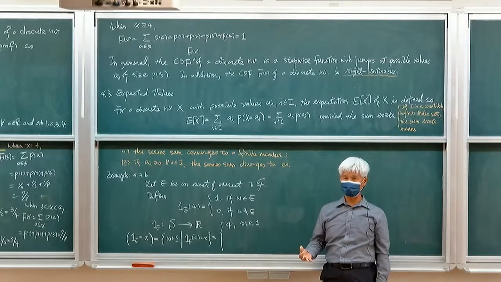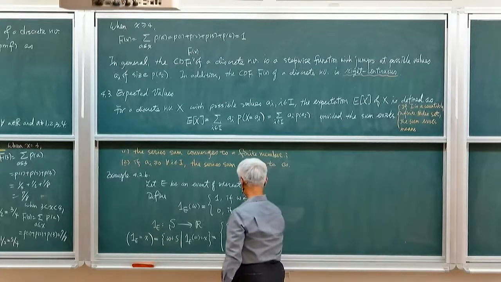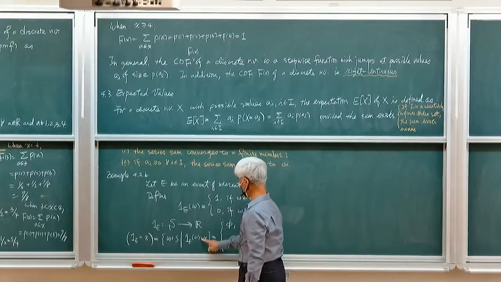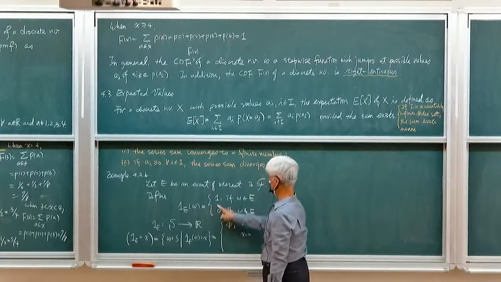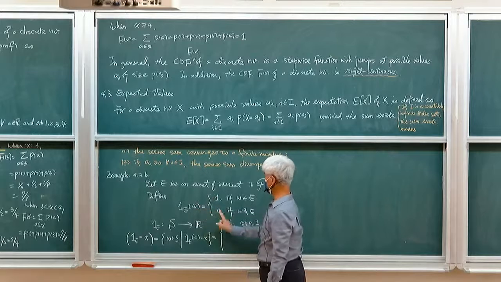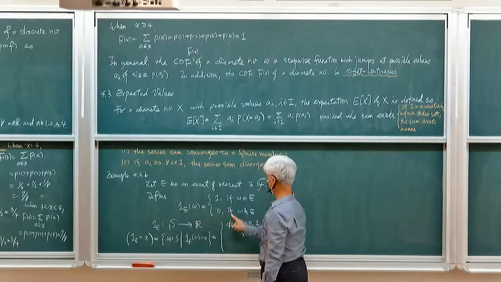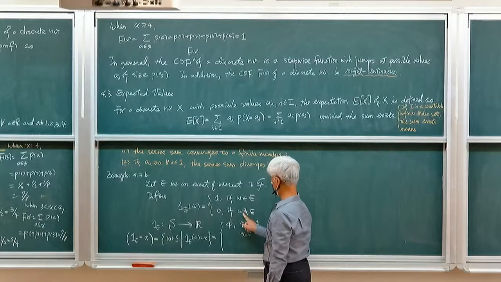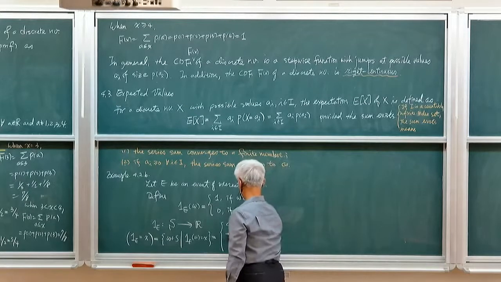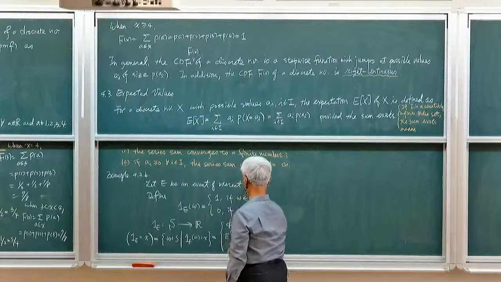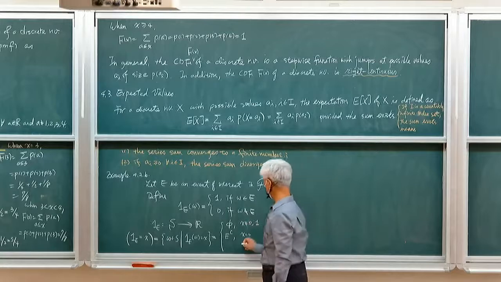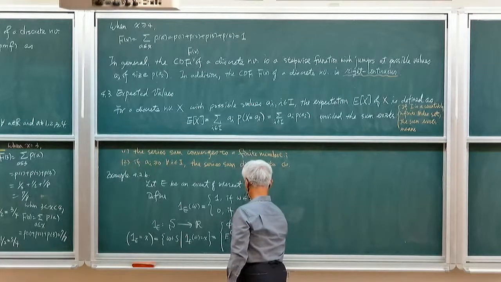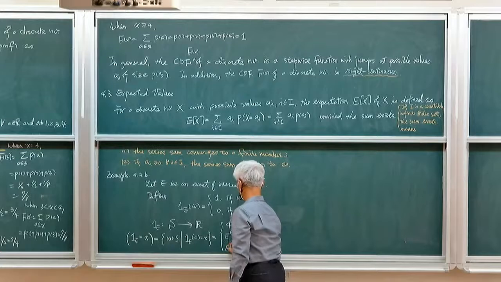If x is equal to 0, by this definition, the outcome has value 0 if and only if it is in the complement, not E. But if x is equal to 1, this is E.